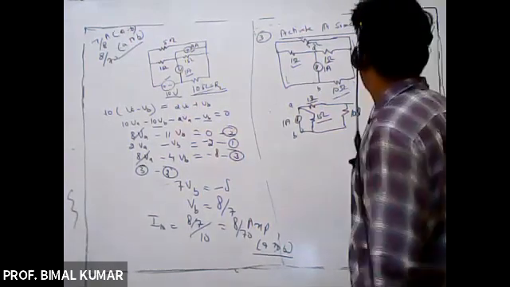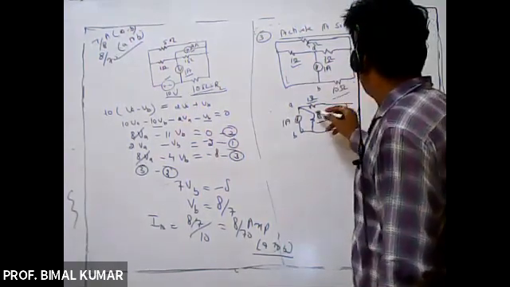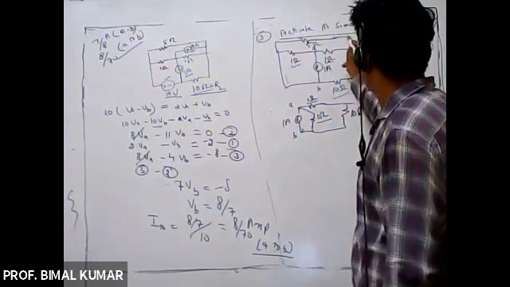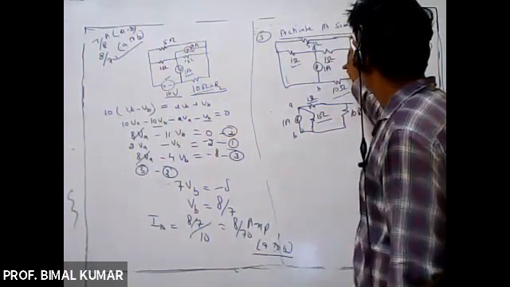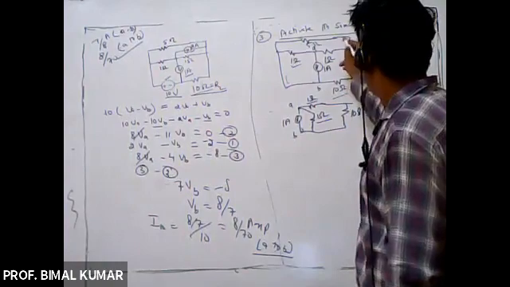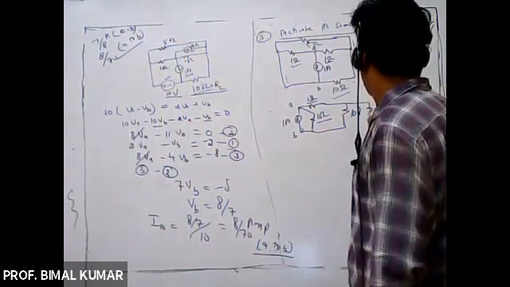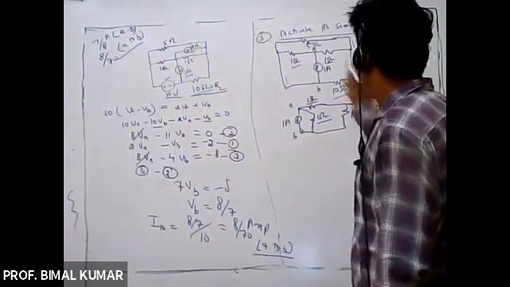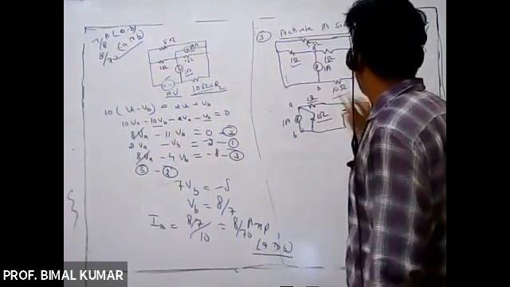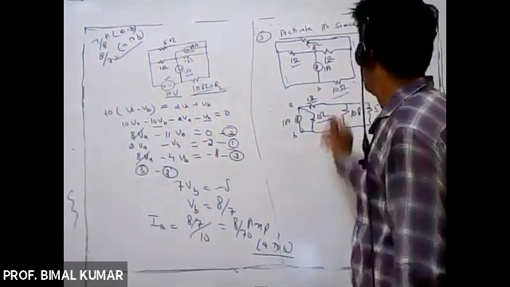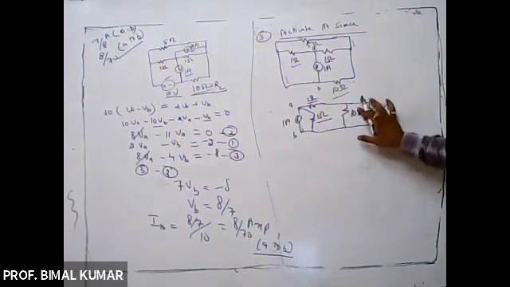And then second terminal is connected, here it is connected with 5 ohm and second terminal is again connected with B. So this is after redrawing this circuit.